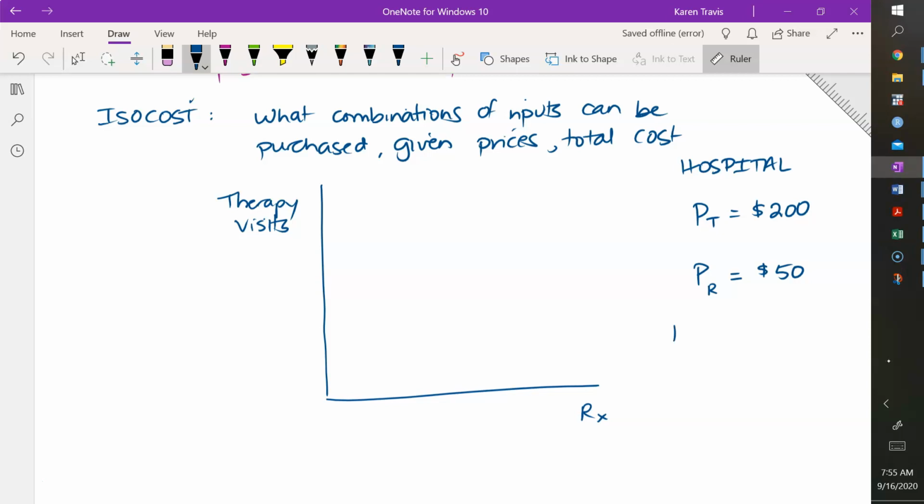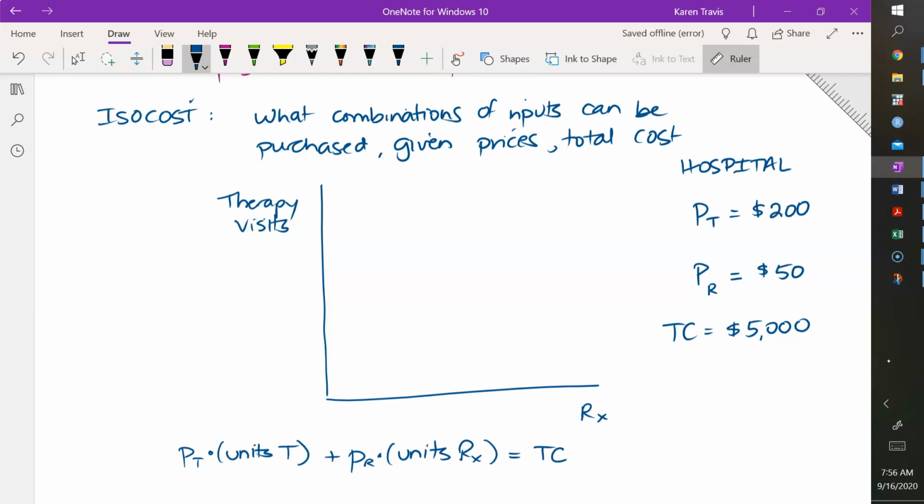Let's suppose we have a total cost of $5,000. So the ISA cost equation says you multiply the price of the therapy times units of therapy plus the price of the prescription times units of the prescription, and that should equal the total cost.